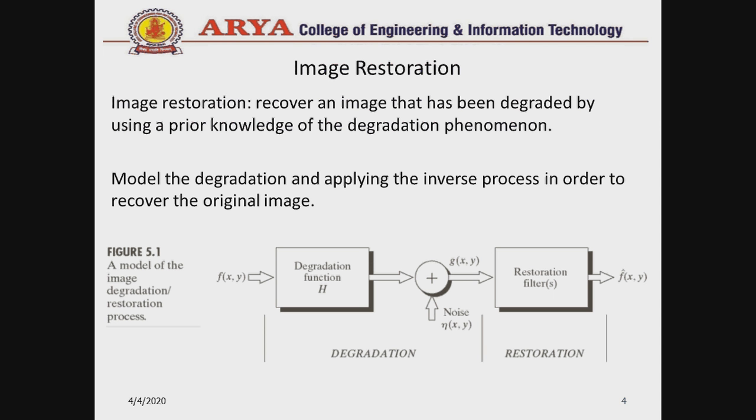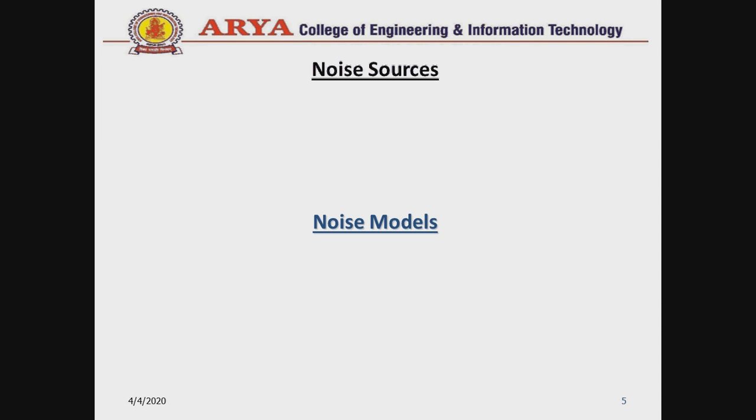The degradation is restored by applying the inverse process to recover the original image. f(x,y) is the original image, the degradation function h is applied over it, and noise is added, becoming the degraded image g(x,y), which is restored by the filter and becomes a new image f naught (x,y), the restored image. f(x,y) is not equal to f naught (x,y) because restoration can be only up to 90 to 95%.